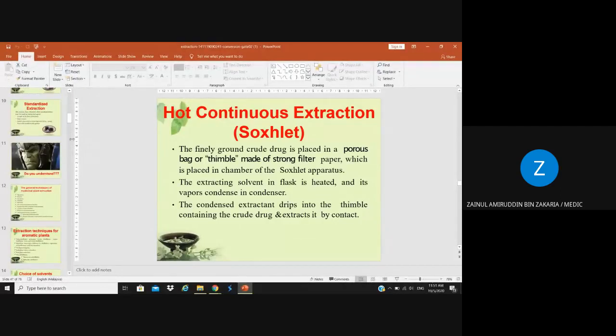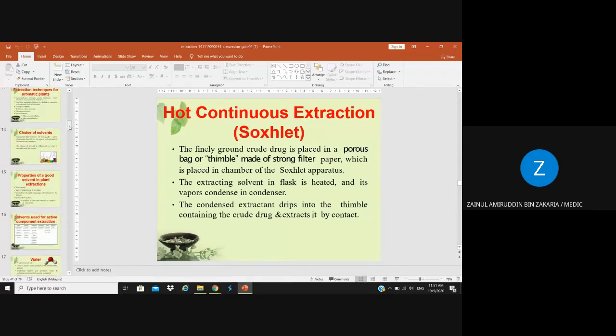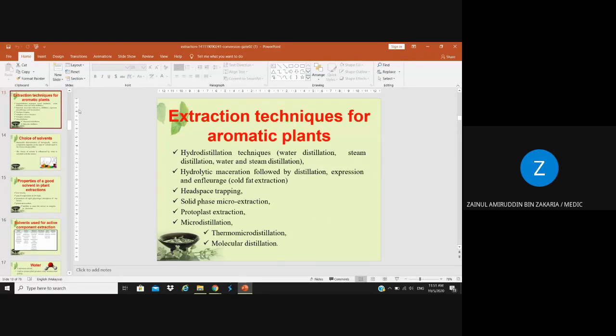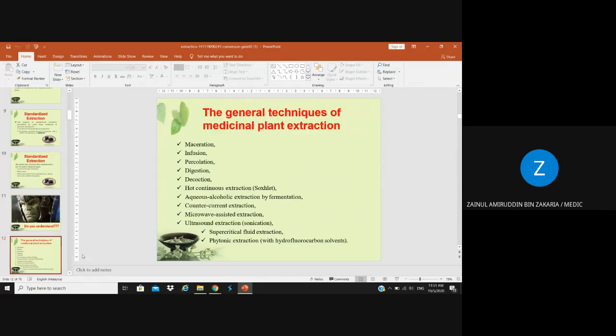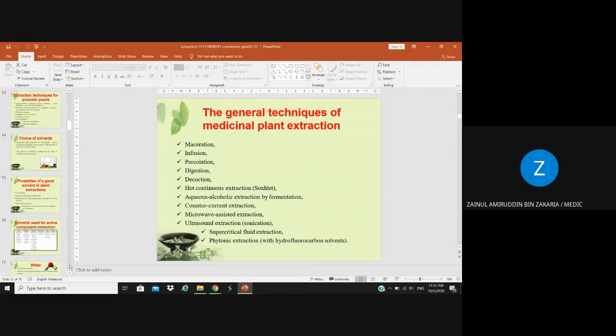You don't have to go through detail on the machines that are used to do counter current extraction and so on. So this has been covered.